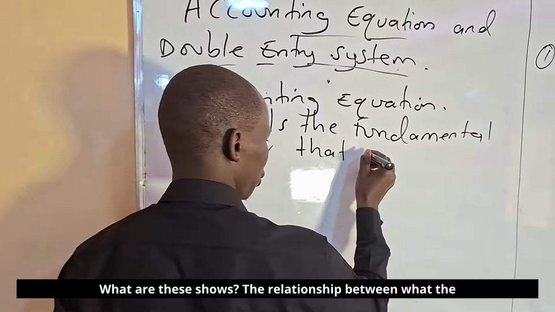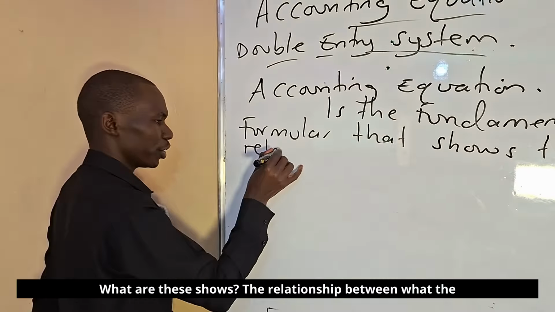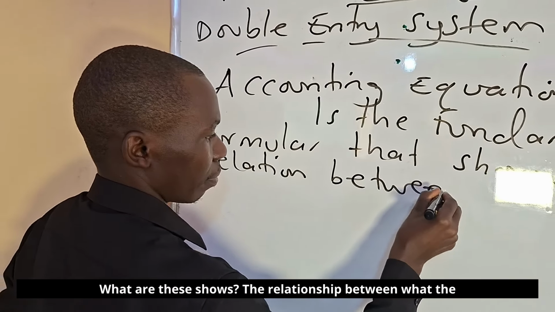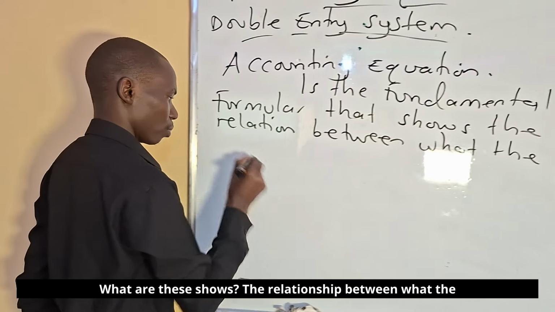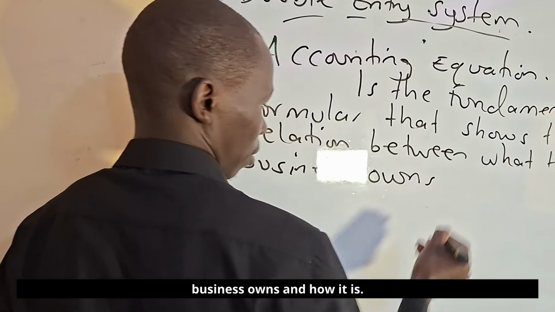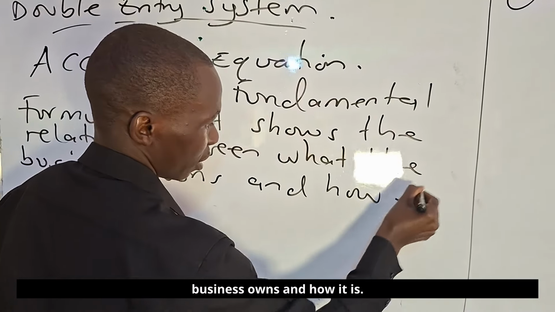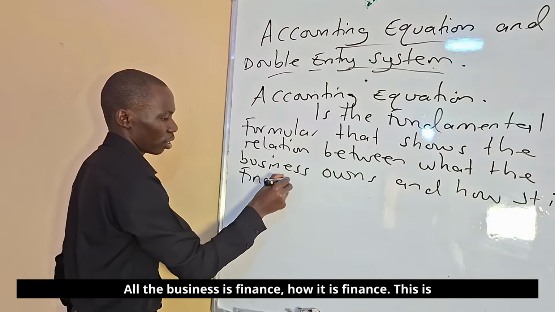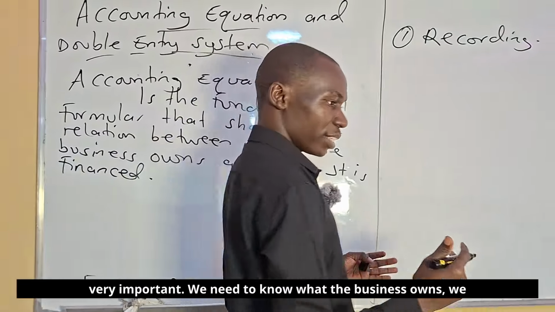It shows the relationship between what the business owns and how the business is financed. This is very important. We need to know what the business owns.